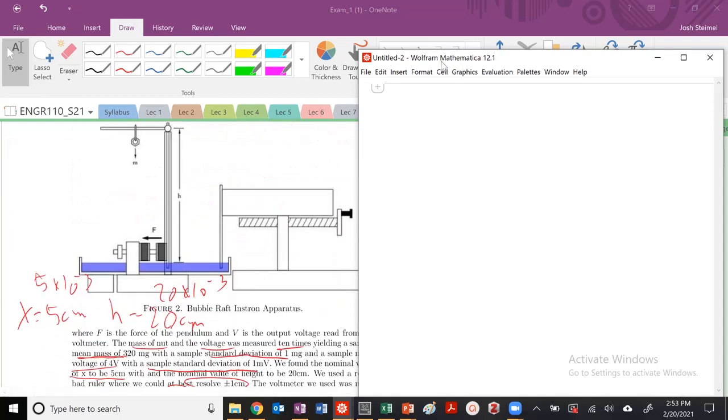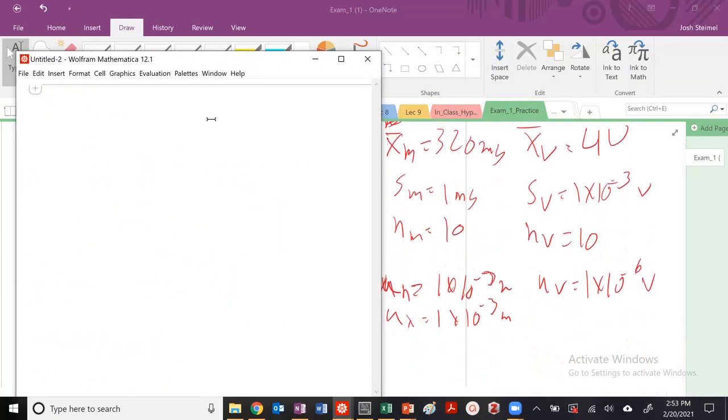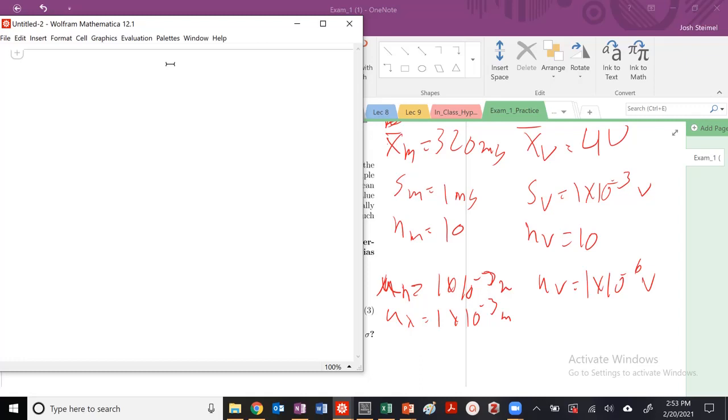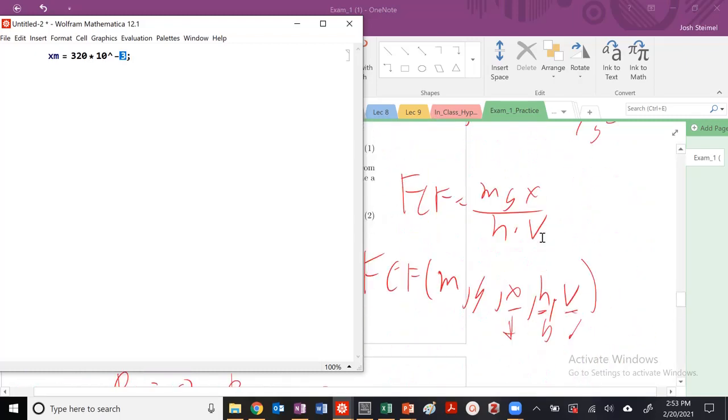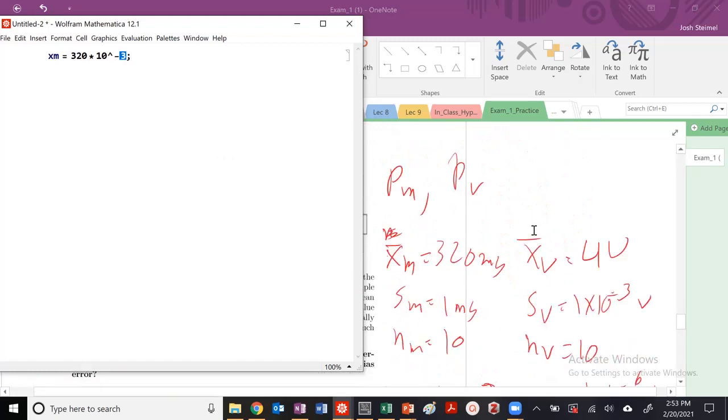So let's start to type these in. I have my xm equals 320 times 10 to the minus 3. Actually, I want to work with kilograms, so I could do 10 to the minus 6 as well.